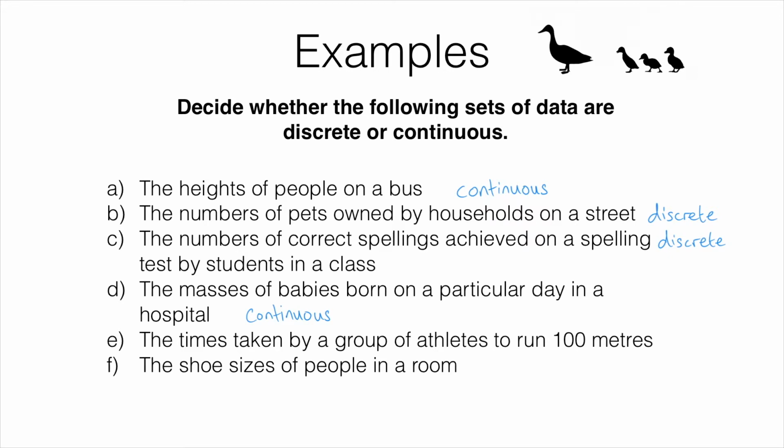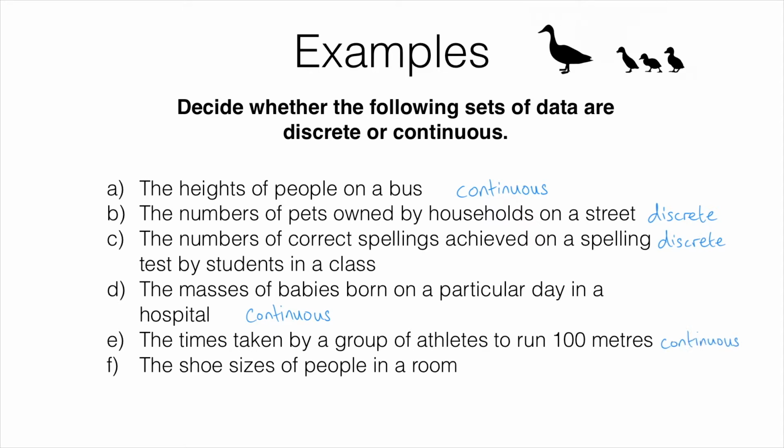For example, they're not forced to achieve either 9.61, 9.62, 9.63, 9.64 seconds. They could achieve absolutely anything in between those as well. They could get 9.613, they could get 9.6135, 9.613728. There are infinitely many possibilities in there, so this is continuous data.